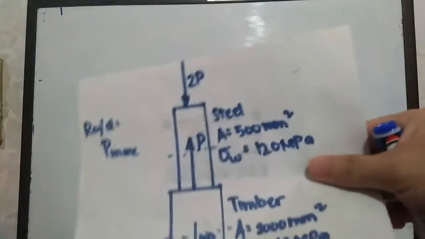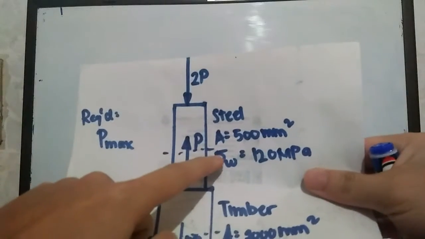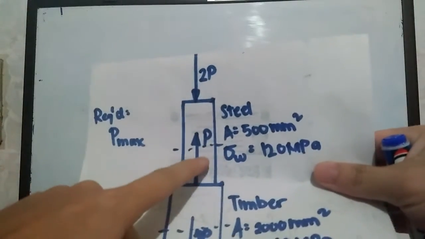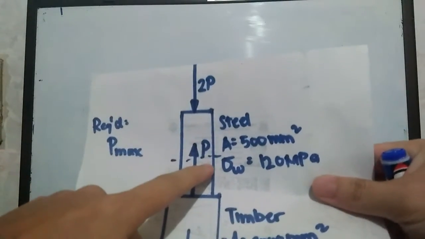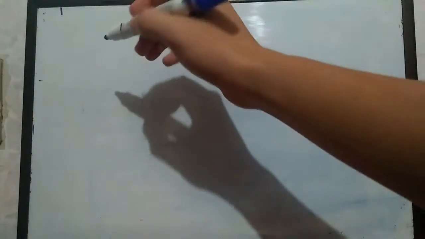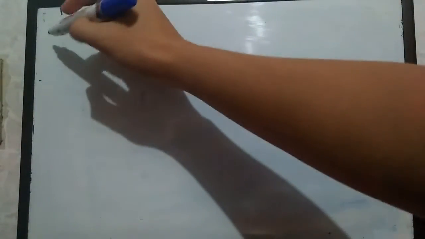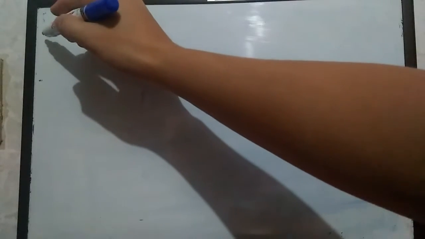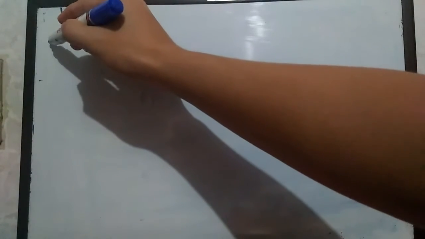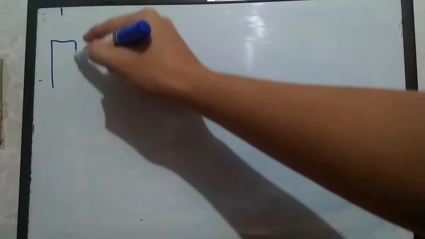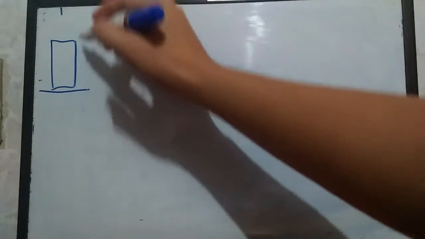So let's start by solving first for the steel section. We're going to cut it here at this portion of the structure. Always construct the free body diagram before solving so that you can deduce all of the forces, be it external and internal, of this structure. So this one is the cut section.